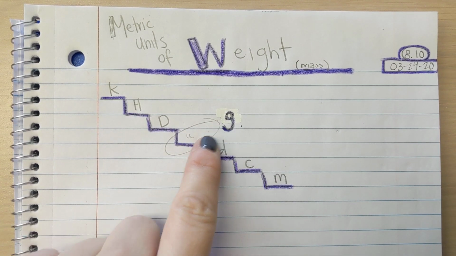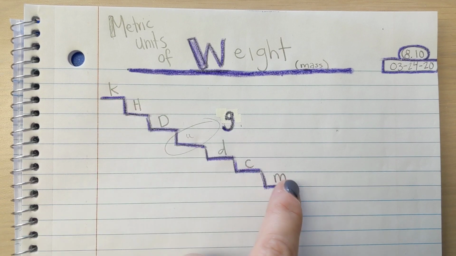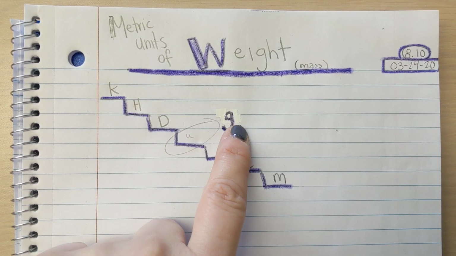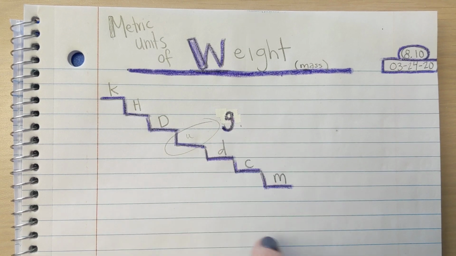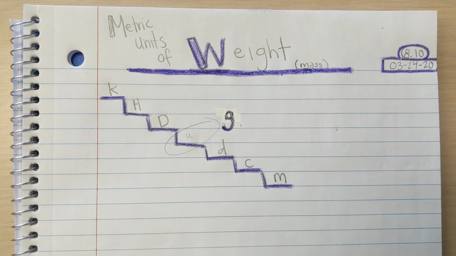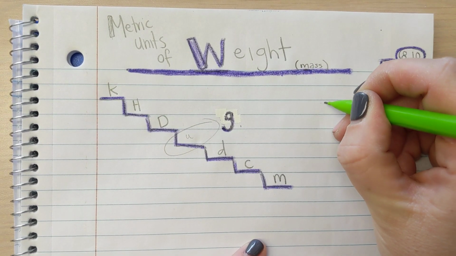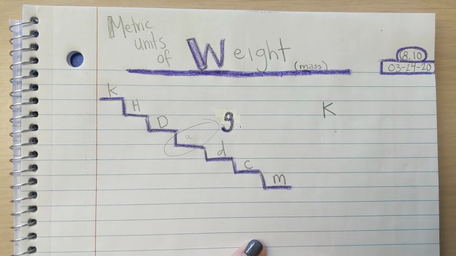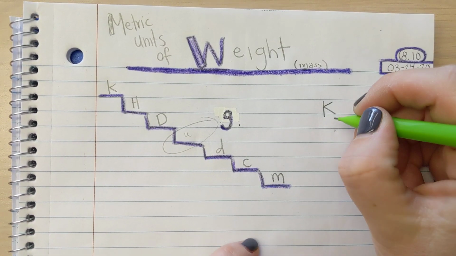Remember, anytime we have a unit that's labeled like grams, we're going to say that unit after each letter. So we would say kilogram, hectogram, decagram, gram, decigram, centigram, and milligram. Okay, let's go over here on the side again and write out what each of those really mean, because we know it's King Henry doesn't usually drink chocolate milk, right?